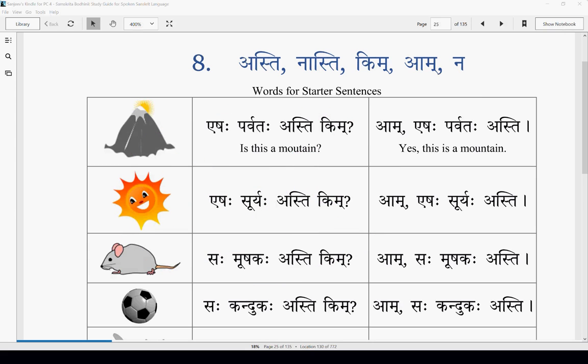And also, every noun in Sanskritam belongs to one of the three genders. Again, note that I am using Sanskritam. So that is also a neuter gender word.